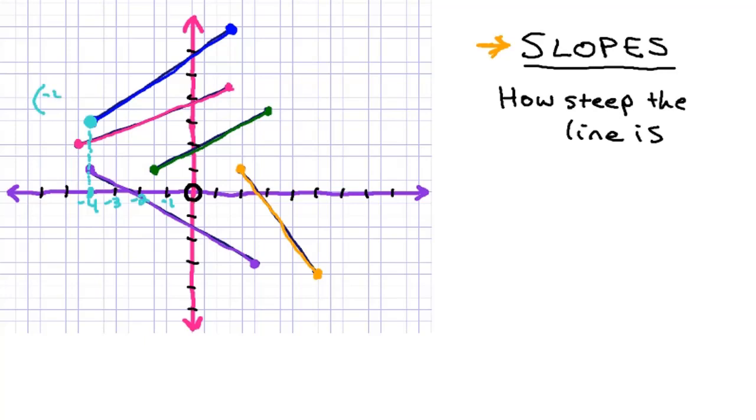So -4 for the x value. And now we need to find out what the y value is. So the y value is above the 0, so the y value is going to be positive. So we're just going to count up how far this dot is on the y-axis. 1, 2, 3. So this goes 3 notches up on the y value. So the coordinates for this point is (-4, 3).